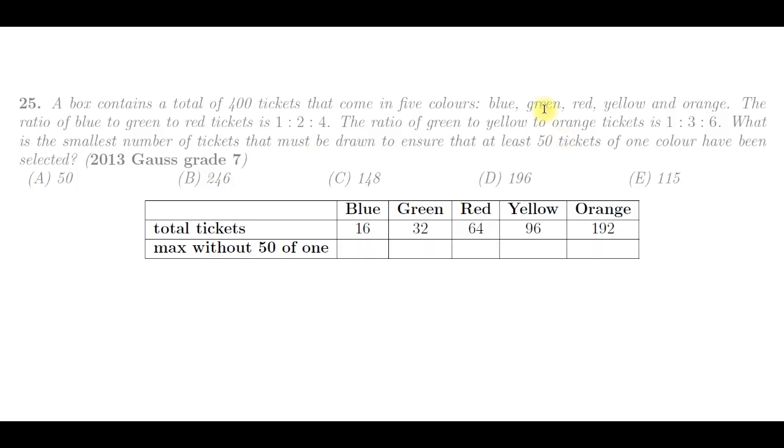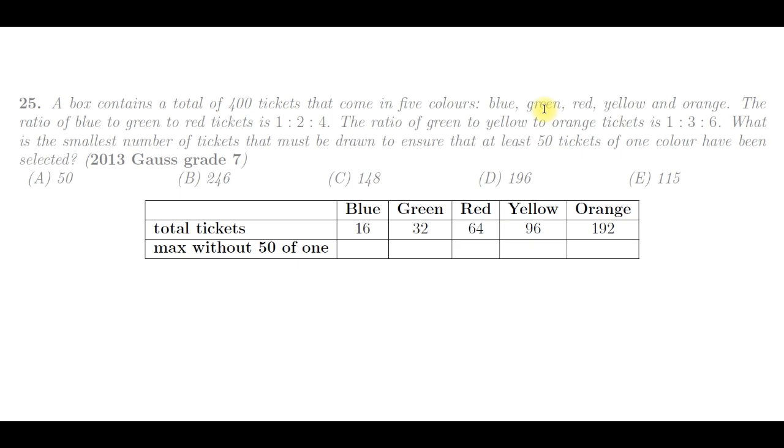Now, you could get lucky and happen to draw 50, with the first 50 that you drew being yellows. That's not what this is talking about. This is to make sure that we absolutely have 50 tickets of one type.